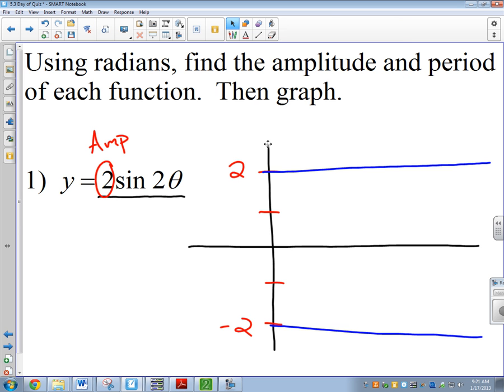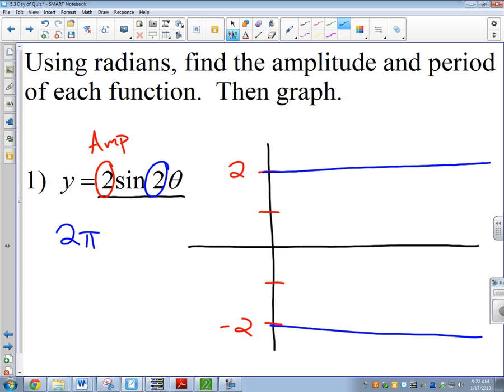When we're talking about a unit circle, how many radians do we have if we go all the way around a unit circle? Well, just look right here. If I go from 0 and I go all the way around, it's 2 pi. So to figure out the period length of our graph, and that means how long does it take for the sine curve to repeat, you're going to take the number in front of your theta, and you're going to multiply by the reciprocal.